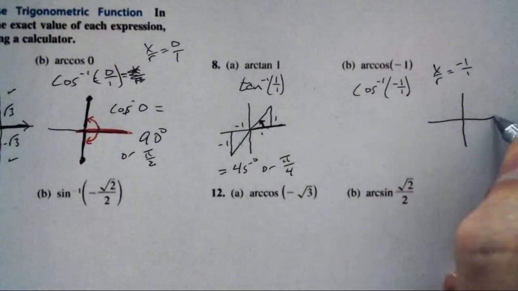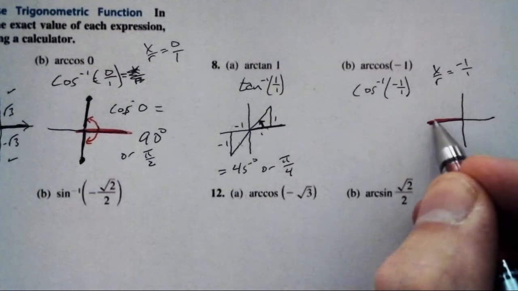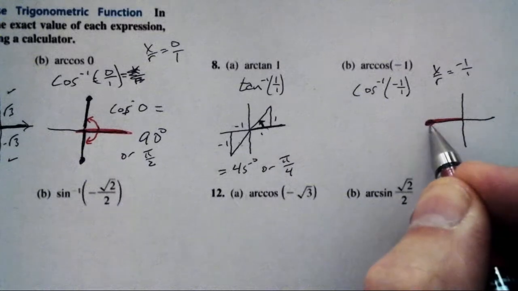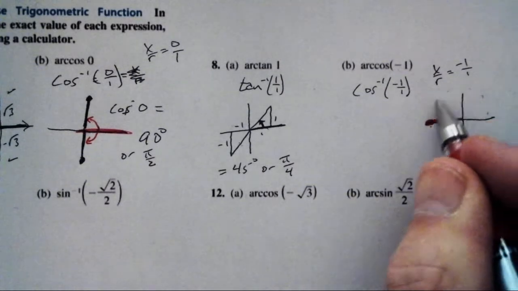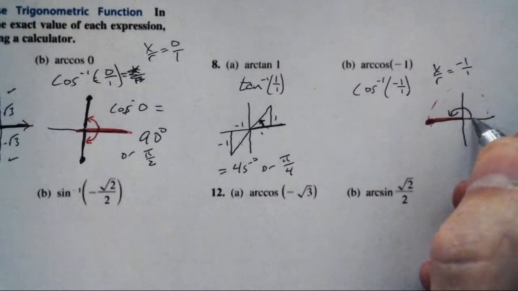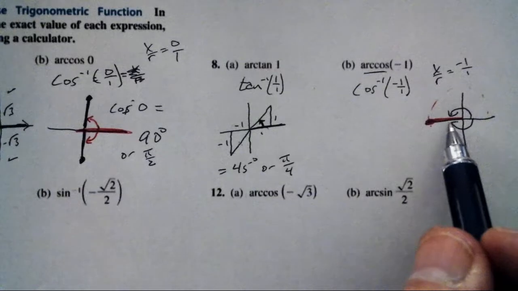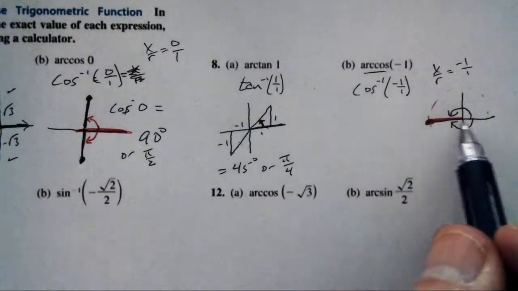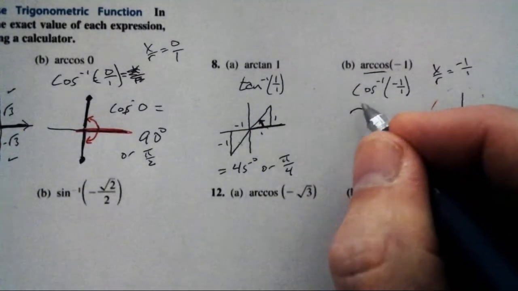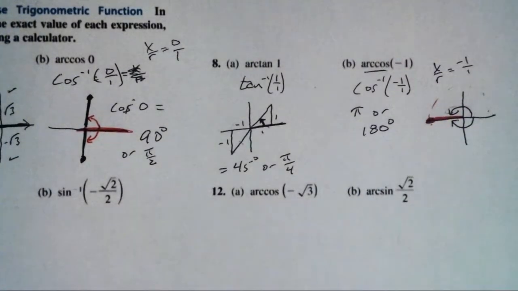That happens right back here, where x could be negative 1 on a radius of 1. So we're either going to use 180 degrees or negative 180 degrees. Once again, that's going to be the one that ties. We choose the positive. So this is pi or 180 degrees.